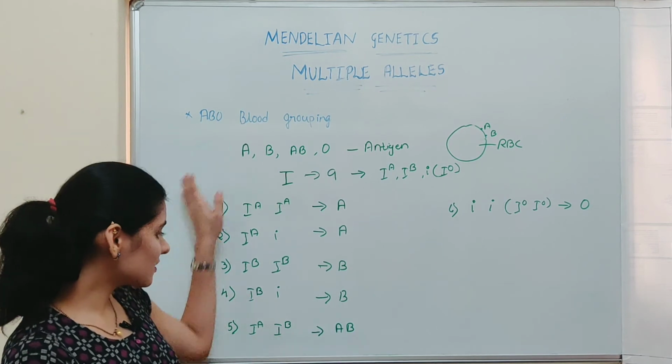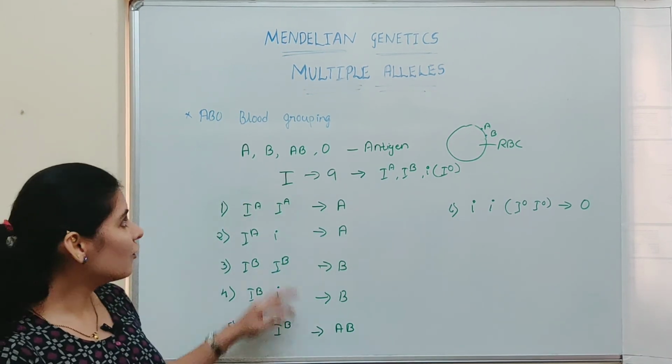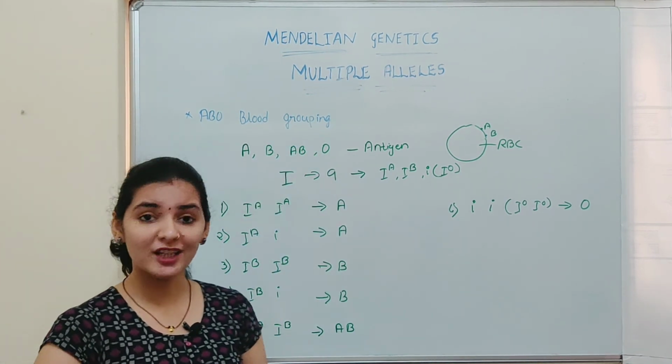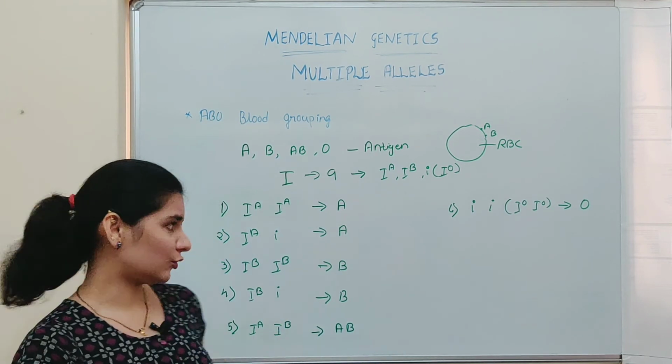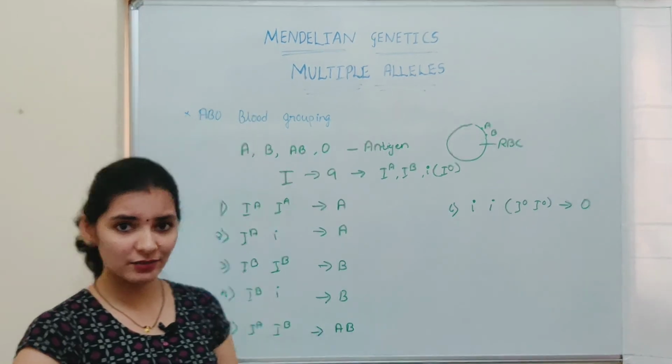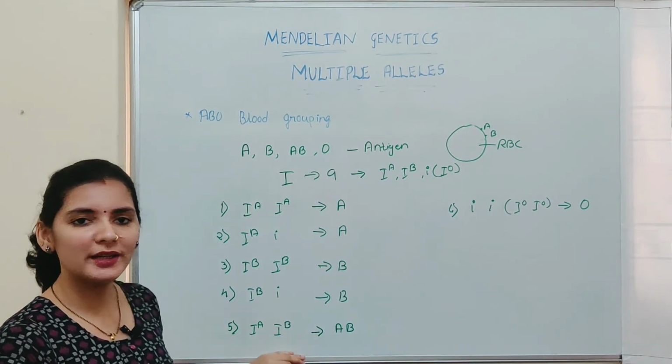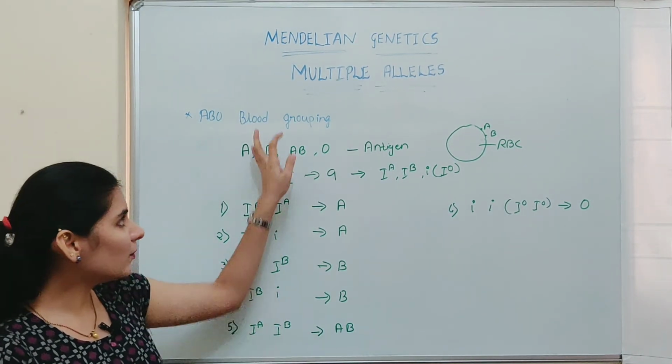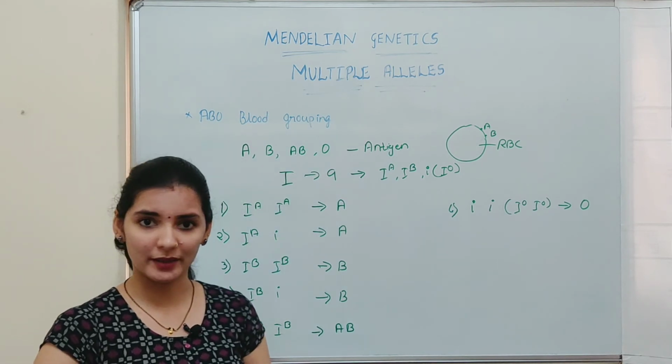So these are the 6 possible combinations of alleles for blood grouping in the case of human beings, which produce mainly 4 blood groups, that is A, B, AB and O. Or in other words, these are the 6 possible combinations of the genotype for blood grouping in the case of human beings.